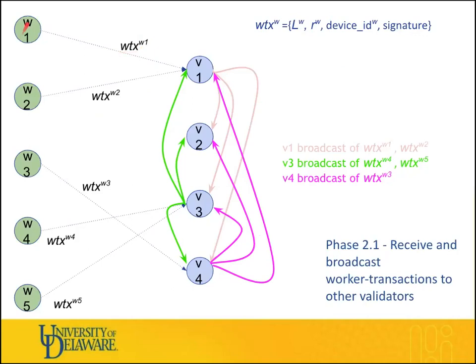After workers have sent their worker transactions, the workers have completed their jobs and are waiting for the legitimate block from their associated miners. Now, when a validator receives a worker transaction from one of its associated workers, the validator will immediately broadcast this worker transaction to other validators in the network.